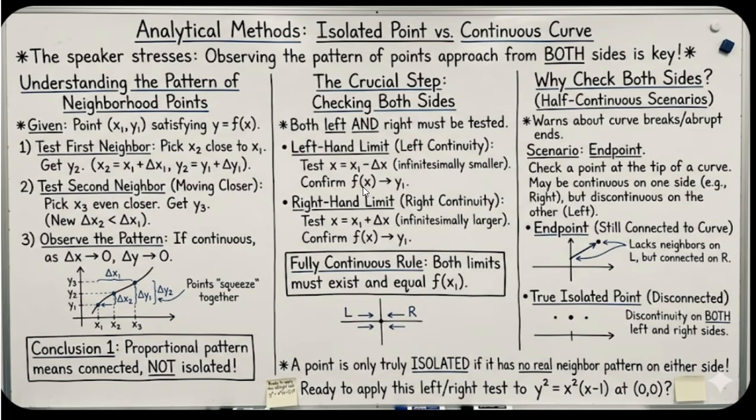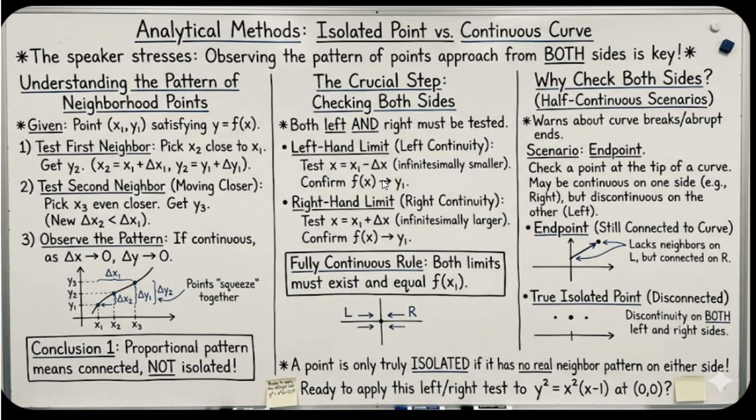That's the reason we also check the left side, very close to x1. Suppose x1, y1 is the point, we have to check the left side point, that is x1 minus delta x. After putting this value into f of x, whatever we get should be closer to y1 as delta x tends to 0.